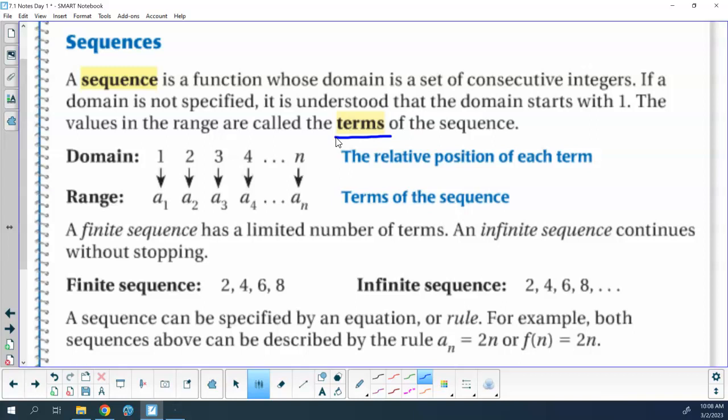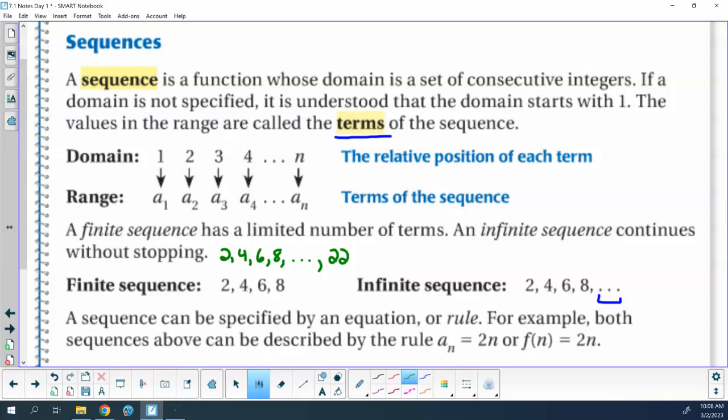Now, these three dots right there tell you that that pattern continues with no end. You could have a finite sequence that goes like 2, 4, 6, 8, ... 22. That is still a finite sequence, even though the three dots are there.